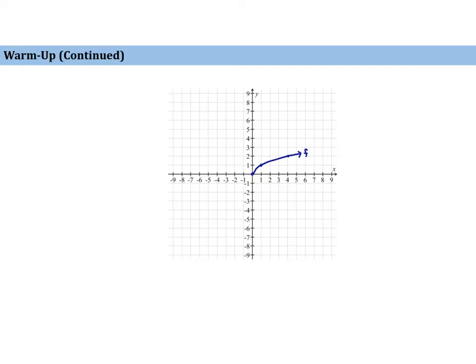If we look at g, we had the points (2, 0), (3, 1), and (6, 2). And for h, we had the points (-3, 0), (-2, 1), and then we had the point (1, 2).